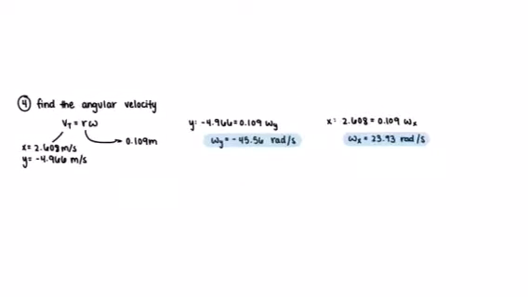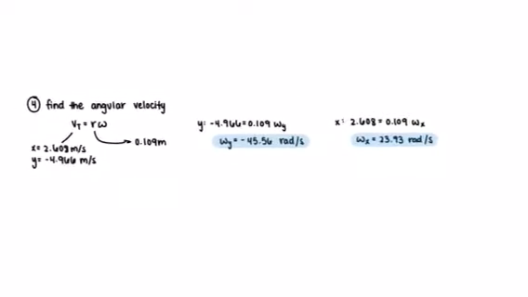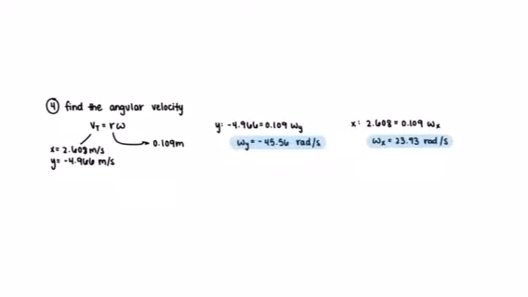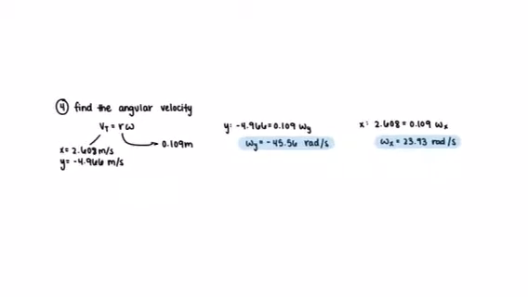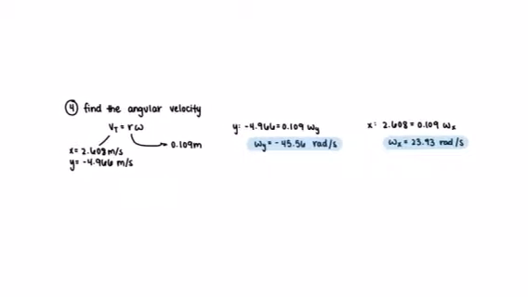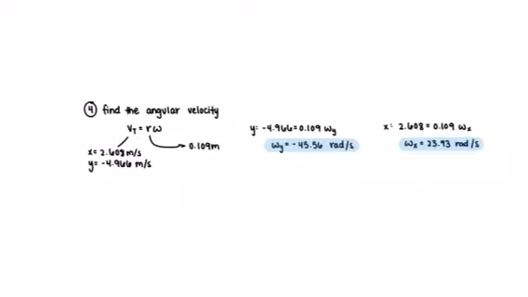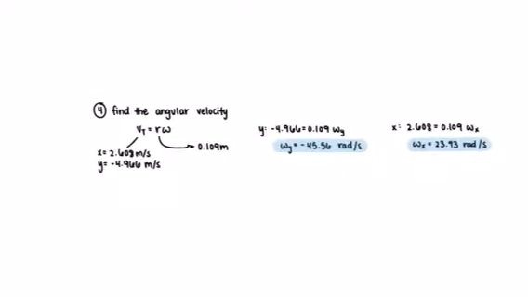Step 4 is to find the angular velocity in the x and the y. So using the equation, tangential velocity, which is also linear velocity, is equal to radius times angular velocity, you can plug in the linear velocity and divide by the radius to find the angular velocity.